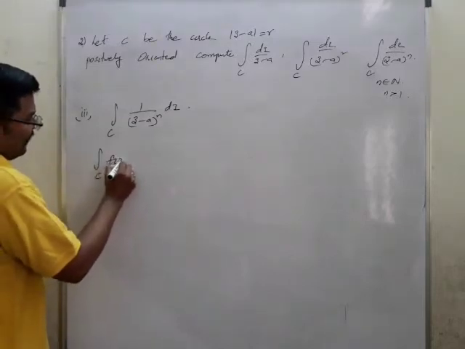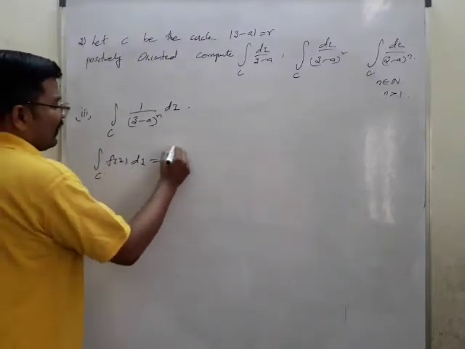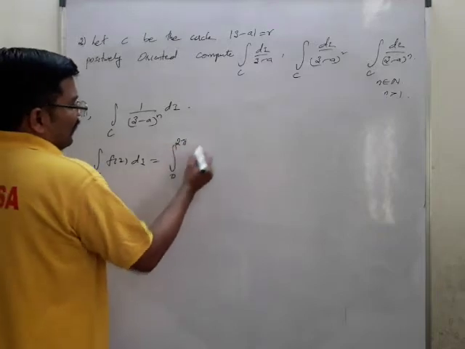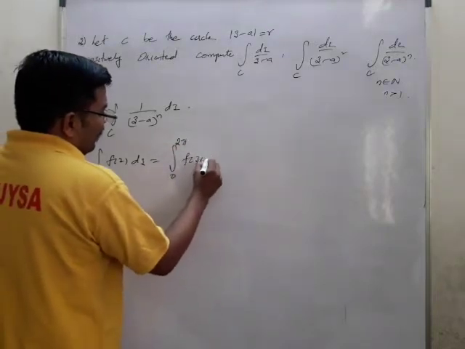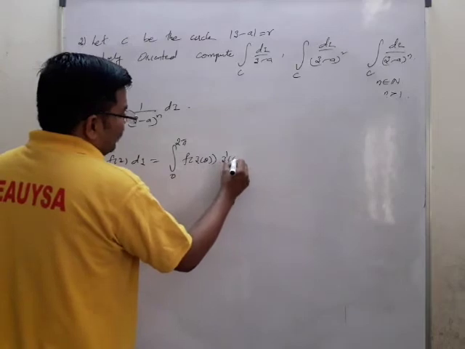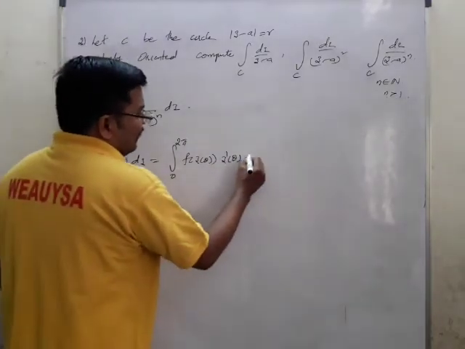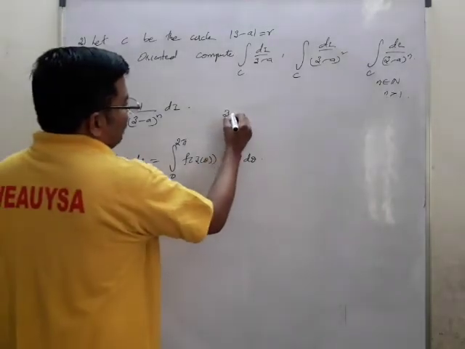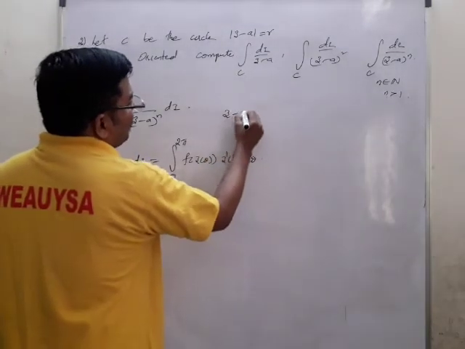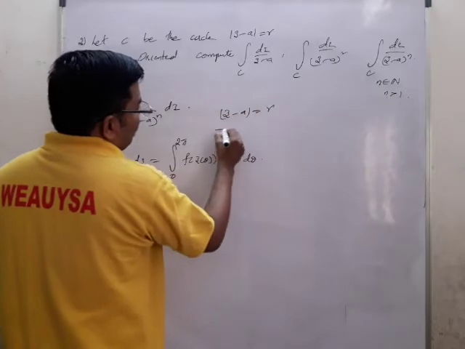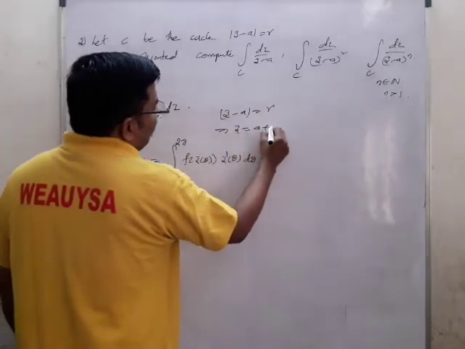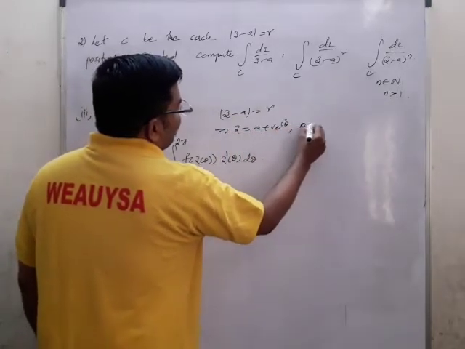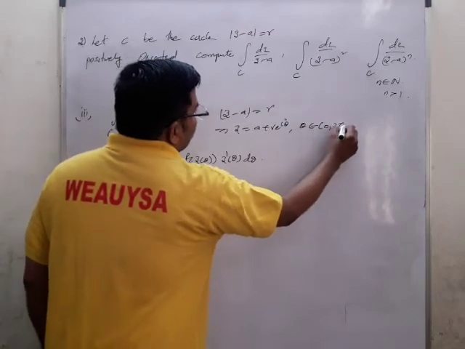The integral over C of f of z dz is nothing but equal to the integral from 0 to 2 pi of f of z of theta, z dash of theta d theta. Directly I am applying where mod z minus a is nothing but equal to r. That implies z is equal to a plus r e power i theta, where theta belongs to 0 to 2 pi.